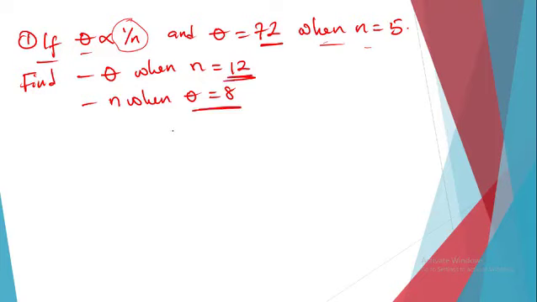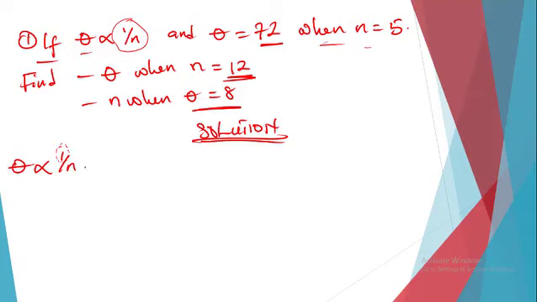Okay, let us apply what we know and see how it goes. Number one, we are told that theta varies as what? 1 over n. Our 1 here is a constant. Is that correct?